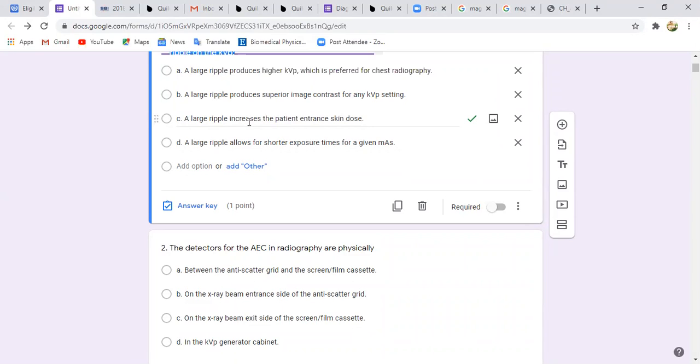So what this does is increase the patient dose. That is why we use a filter to reduce as much as possible those fluctuations that come up as smaller kilovoltages.